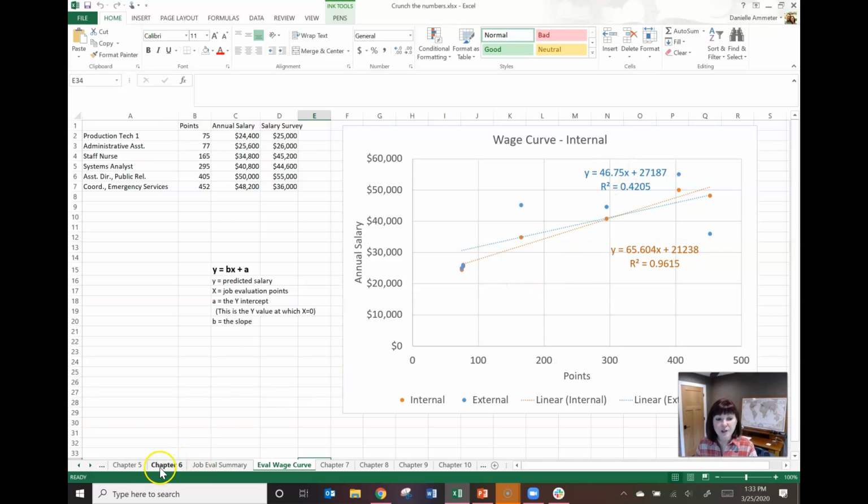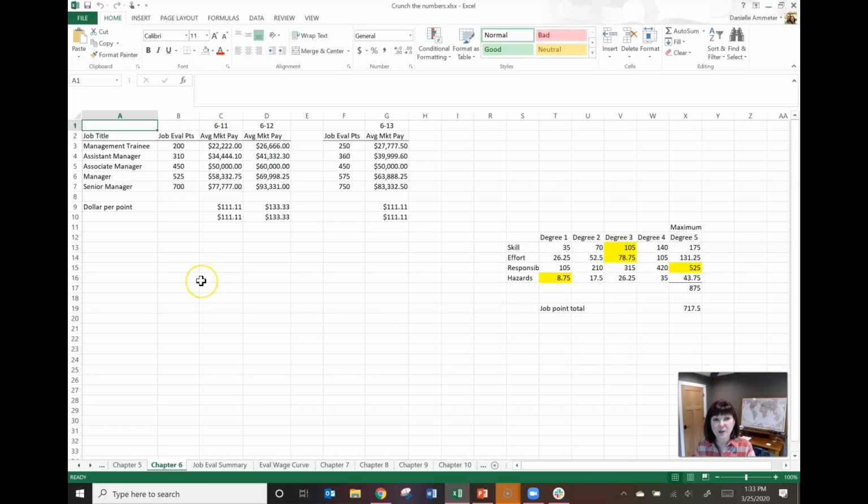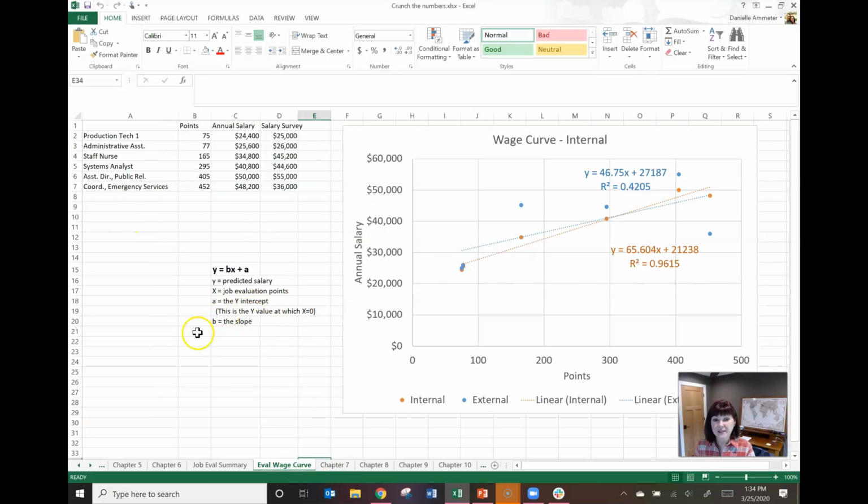If we go back to Chapter 6 and the crunch the numbers exercise that we did here, remember we had job evaluation points and we had the average market rates, and that was dollar per point. Well, that's the slope of this line, dollar per point. All right, so you can see that in the external market, the slope of this line is less than the slope of our internal line.